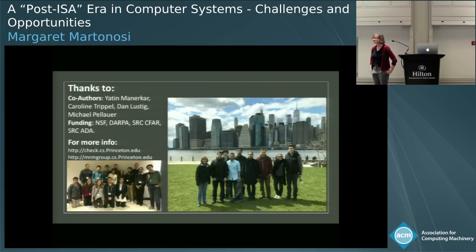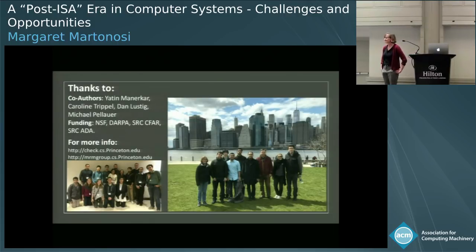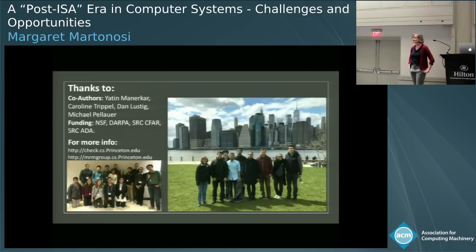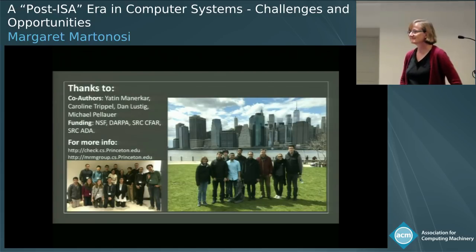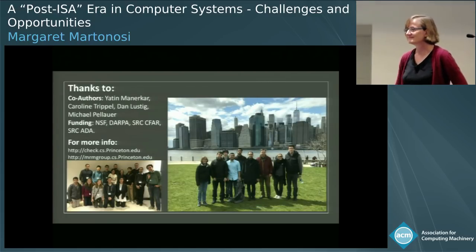Thanks, Margaret. This is Chen Ding from the University of Rochester. So I think I'm not alone in saying that microarchitecture is probably the street light that I have largely missed in the past work. Really, thank you for telling us this.